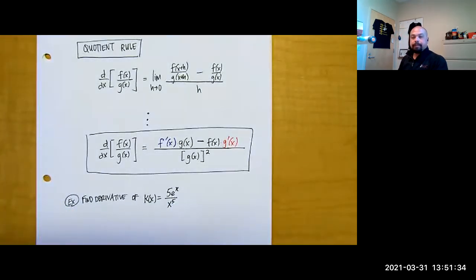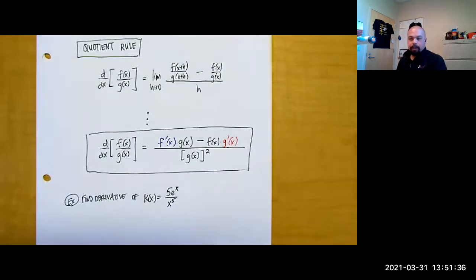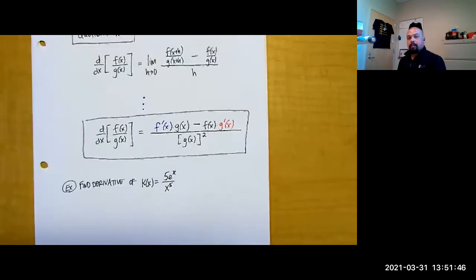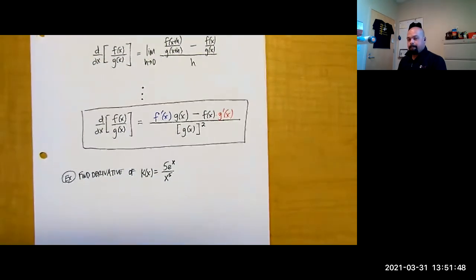Okay. So again, exponential and polynomial to start with. Once we get more functions included in our differentiation rules, we'll have a lot more interesting and exciting problems to deal with.